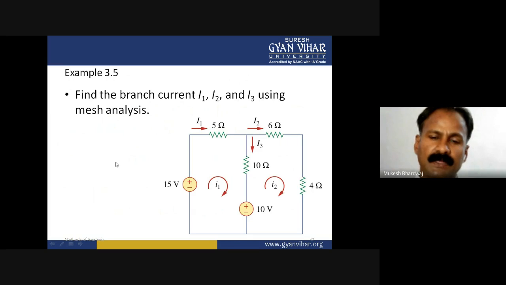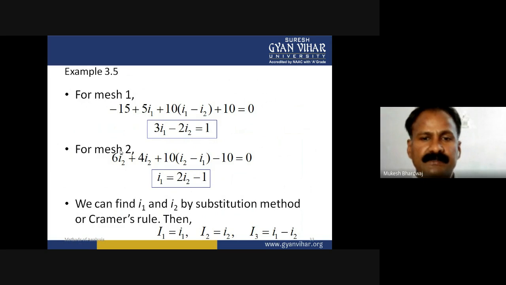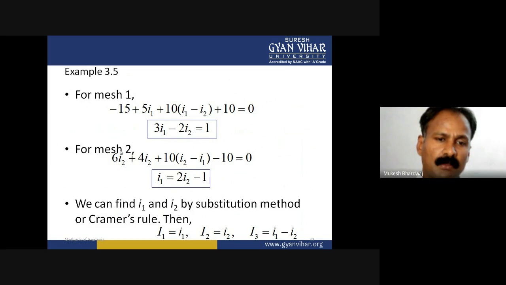So after applying the equation like this, for mesh 1, minus 15 plus 5I1 plus 10(I1 minus I2) plus 10 equals 0. And after rearranging the equation, we get the value 3I1 minus 2I2 equals 1. For mesh 2, 6I2 plus 4I2 plus 10(I2 minus I1) minus 10 equals 0.